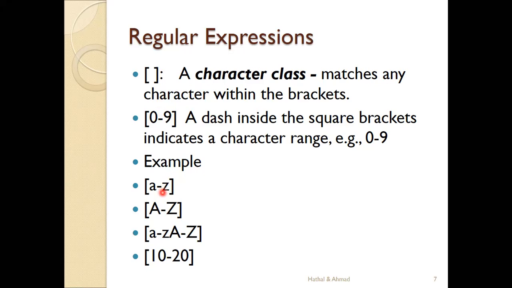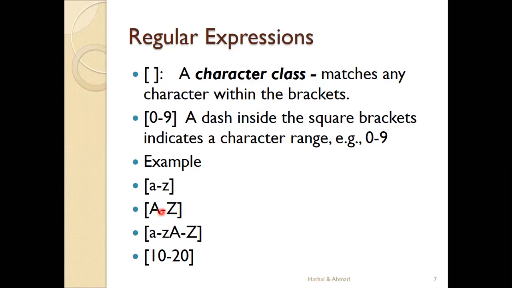See the further examples. Small a to small z represents a set of characters that starts from a and goes to z. Similarly, another example is a character class that ranges from a to z.